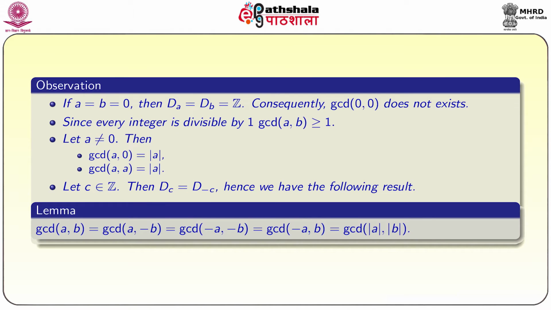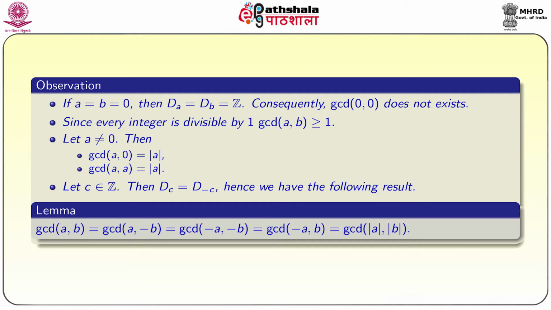Let c belong to Z, then it is easy to see that the set of all divisors of c is also equal to the set of all divisors of minus c. Hence, we have the following result, that is a lemma: GCD of a, b is equal to GCD of a, minus b, is equal to GCD of minus a, minus b, that is also equal to GCD of minus a, b, and it is equal to GCD of modulus of a, modulus of b.